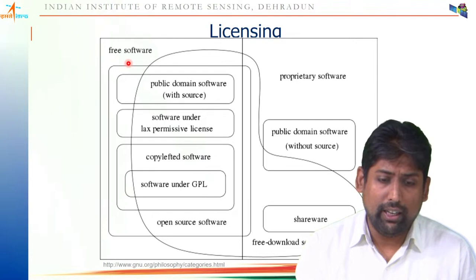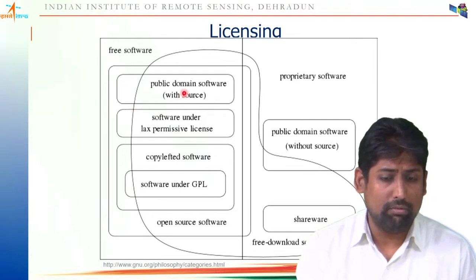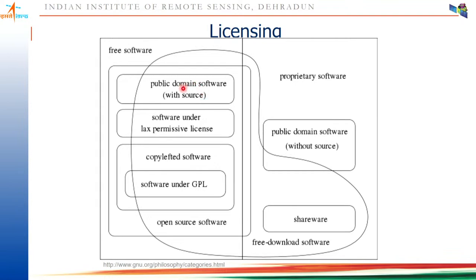Free software, on the other hand, may come as public domain software with source code, softwares with lax permissive license, and copylefted softwares, that is software under the GPL licensing. All of this comes under this rectangle here, and all of them are called open source software because they come with the source code. Now, there are many terms here, such as copyleft, GPL, and lax permissive license, which I would like to talk about.